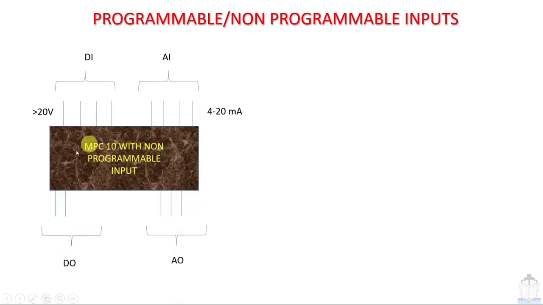Here this is just an example of the MPC 10, and here you can see that analog inputs and digital inputs are given. In the analog input, it can read only 4 to 20 milliampere in all channels, whereas in digital input it can read only greater than 20 or less than 20 volt in all channels. Okay.